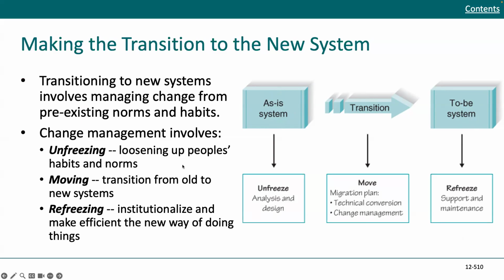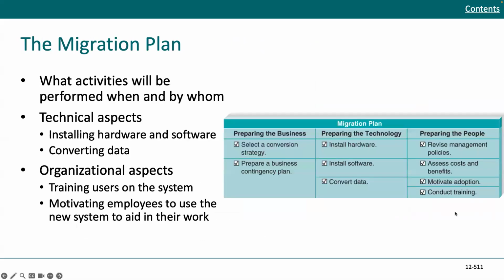So people have to think about how we've done it and be open to doing things differently. Moving is transitioning from the old to the new system. So you may have to have both operating in parallel in some form or fashion. And then finally, refreezing, institutionalizing, and making efficient the new way of doing business. And so that's how it will be working when it's completed.